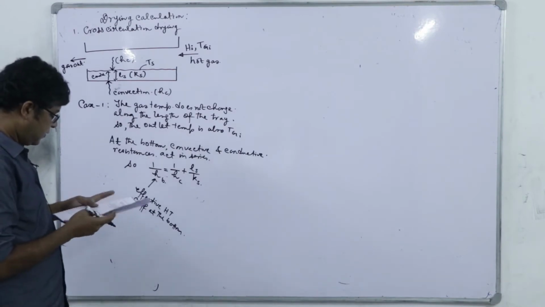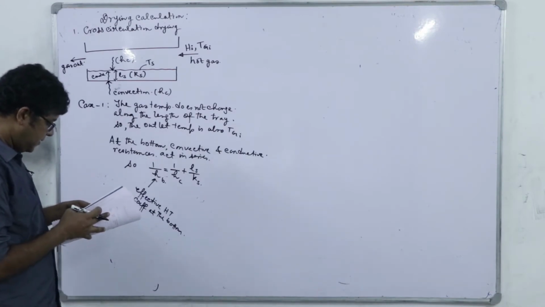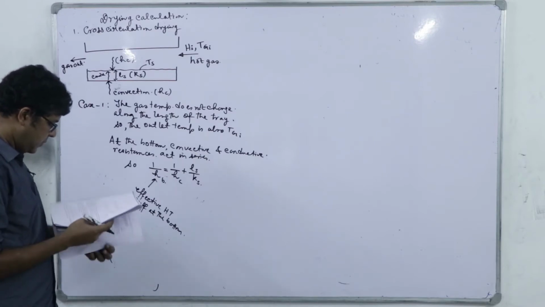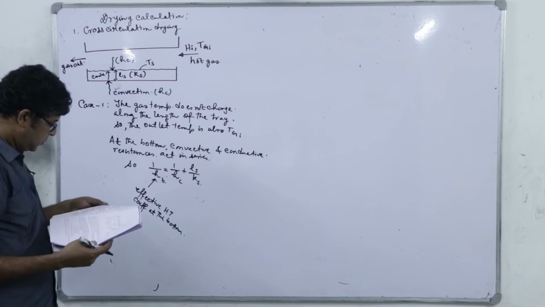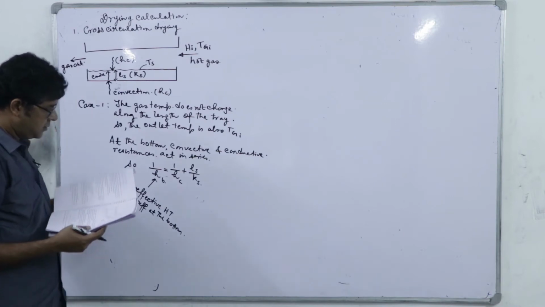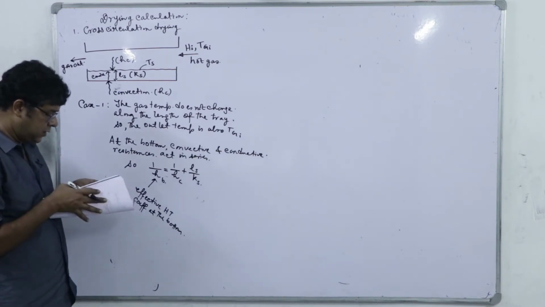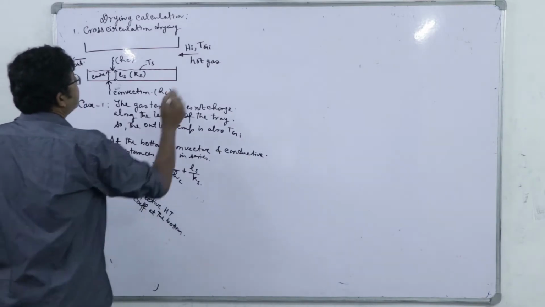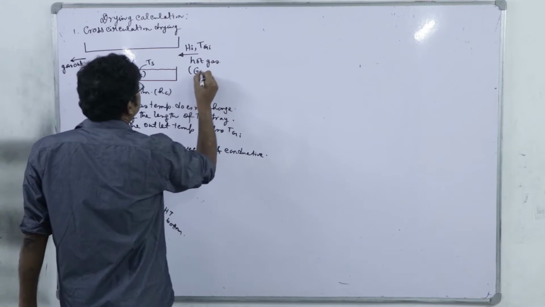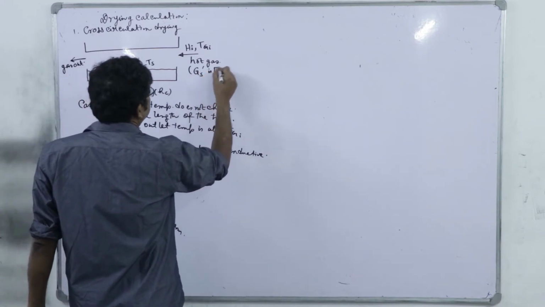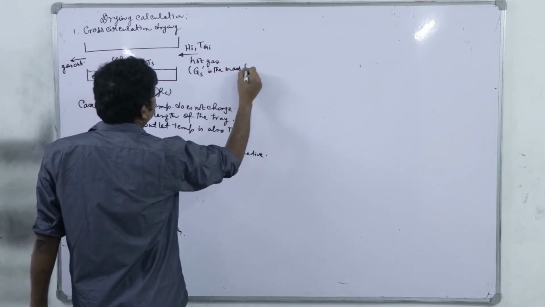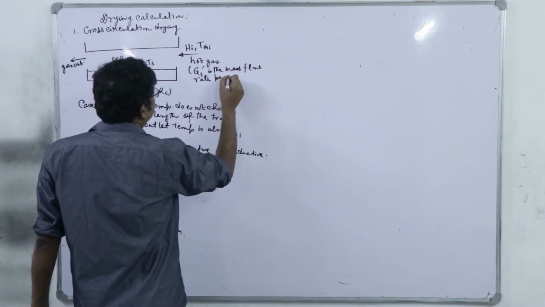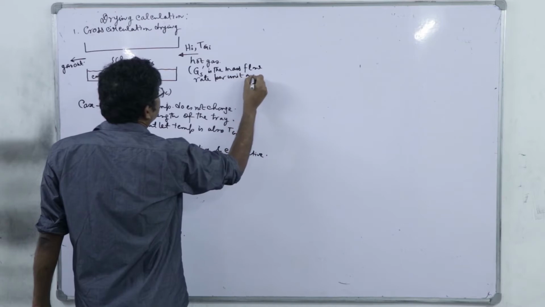Now, you see generally this Hc is related through an empirical equation, right, to Gs prime. Let us say Gs prime is the mass flow rate per unit area.